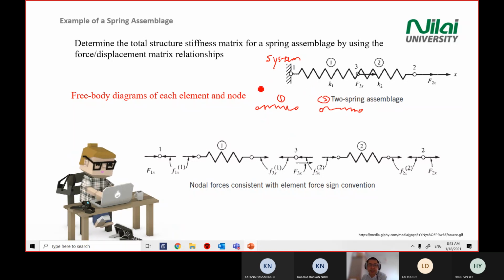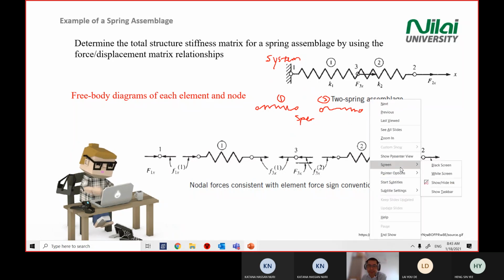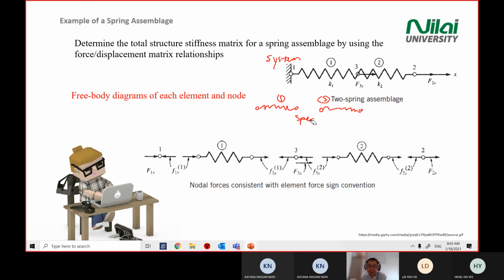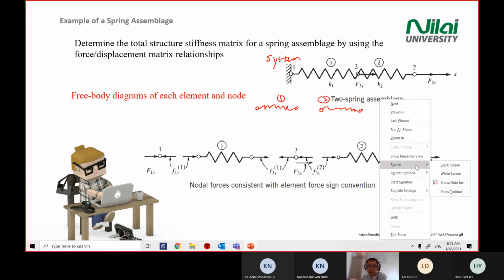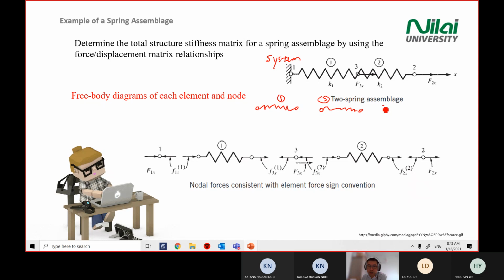But to do the analysis, you need to look not only at the spring element, you need to do spring element plus node analysis.